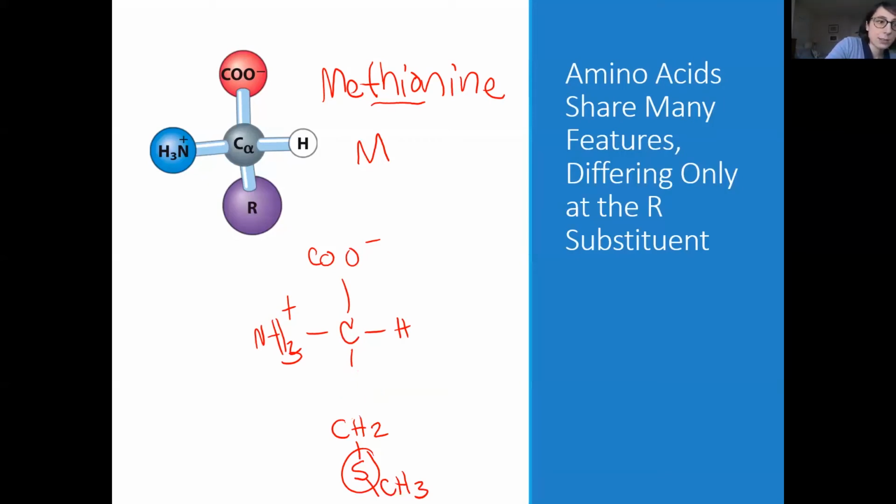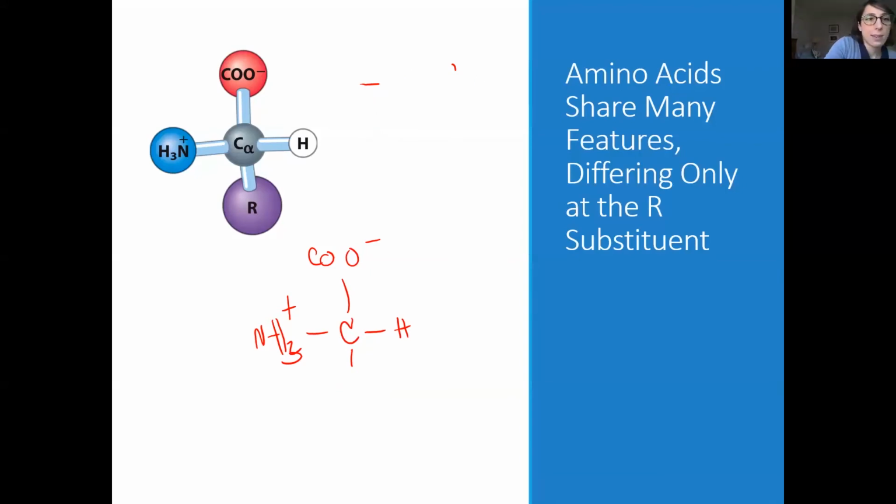All right, our next one is phenylalanine. Phenylalanine, its name implies some of its structure. Its one-letter code is not P. P was for proline.